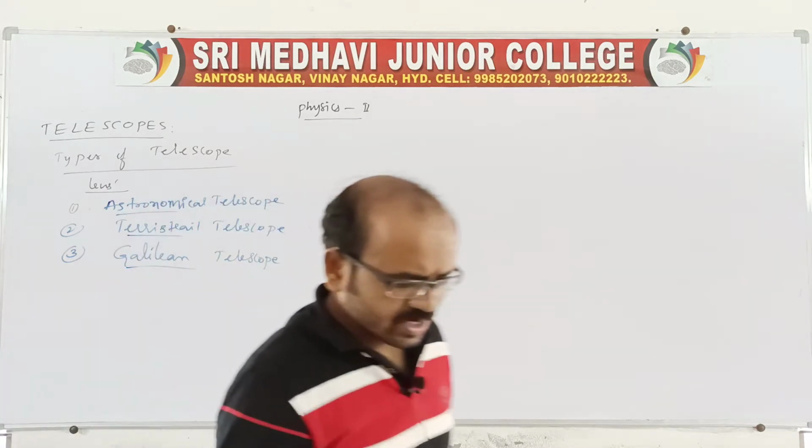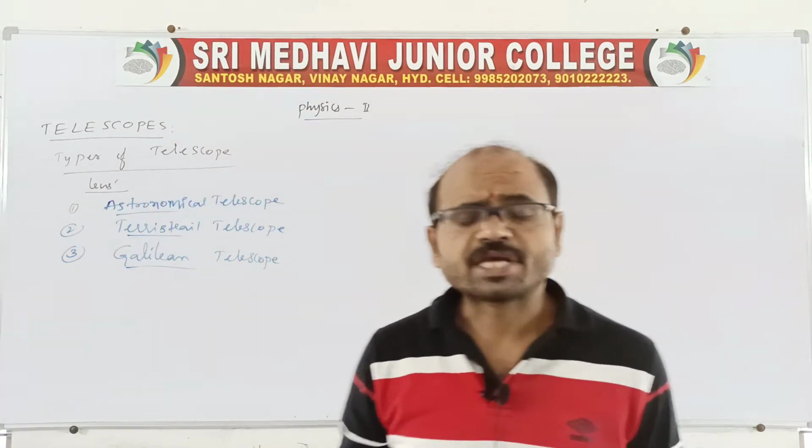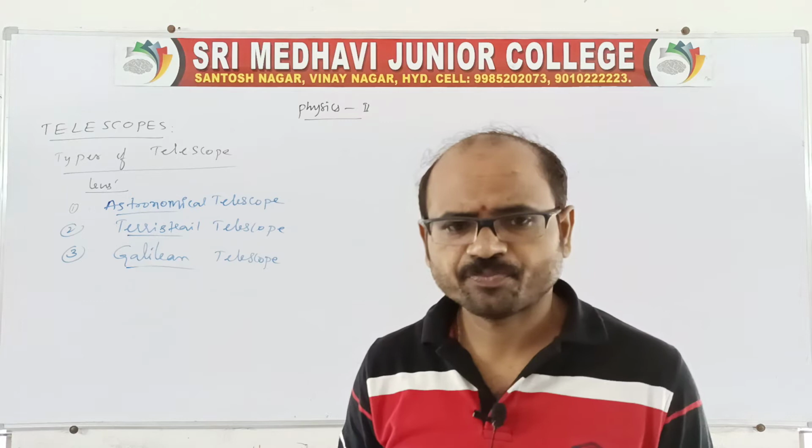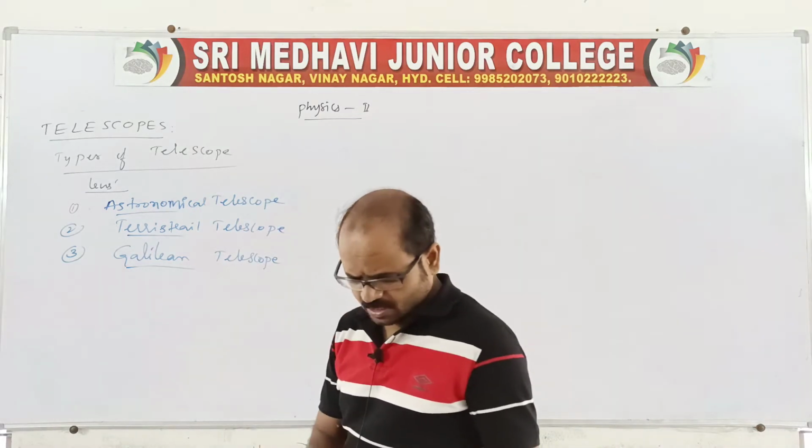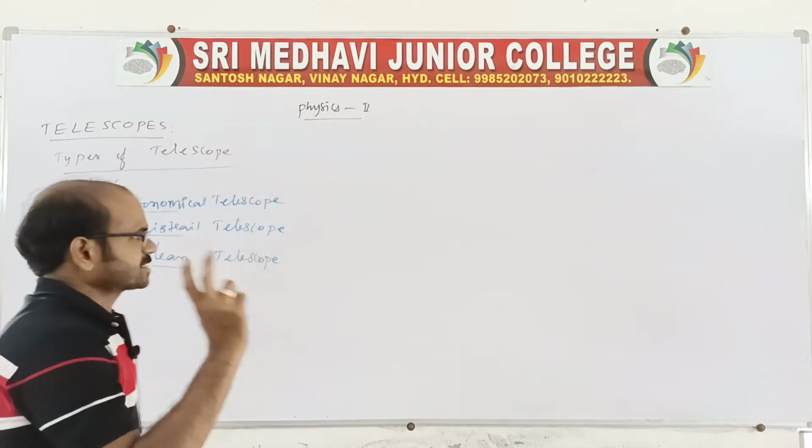In this, the astronomical telescope is used to see astronomical objects. First of all, we'll go for the astronomical telescope. It consists of two lenses.